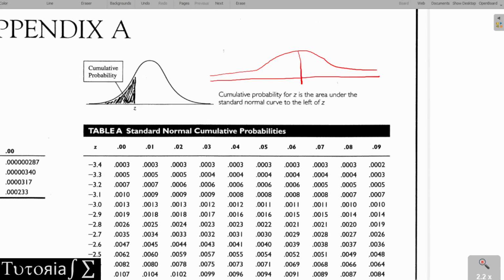So this part is where 0 is, and going this direction we have positive z variables. So we have positive z variables, and from 0 going this direction we have negative z variables, which are these that we have here.